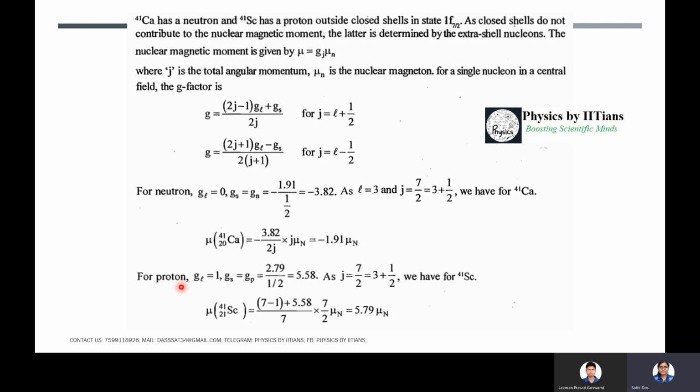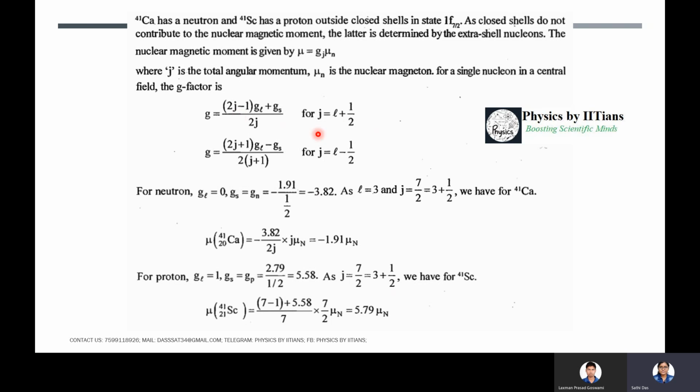Suppose we are taking this for the proton, for the strontium case. So this proton is the unpaired proton, and this proton has a GL value of 1, GS equals GP as 5.52. So J equals 7 by 2, that is L plus half, so 3 plus 1 by 2.